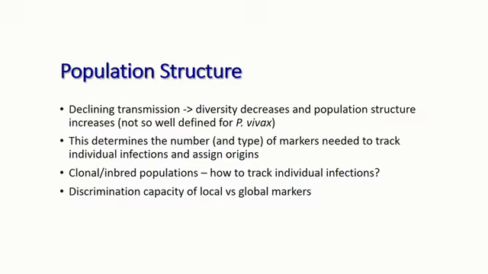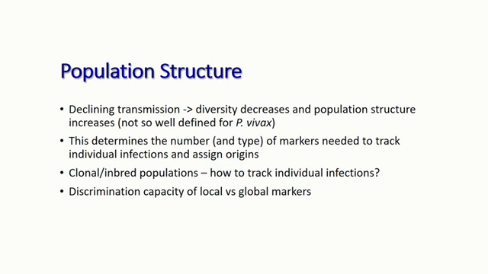The population structure can also determine the number and the type of markers needed to track individual infections and assign origins. So we're going to hear a bit about that today. And also, what do we do with clonal or inbred populations at very low transmission levels, and how might we track individual infections when we have such similar parasites?